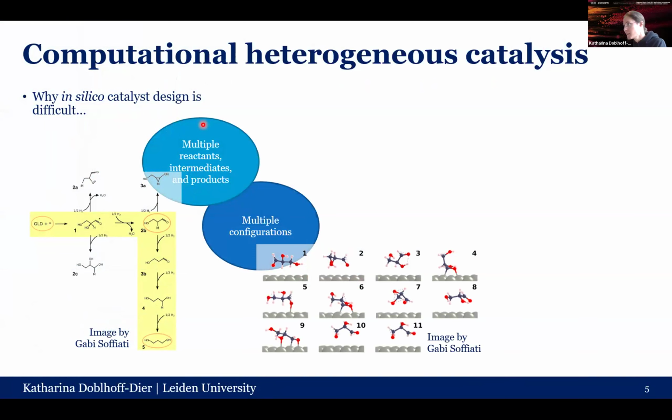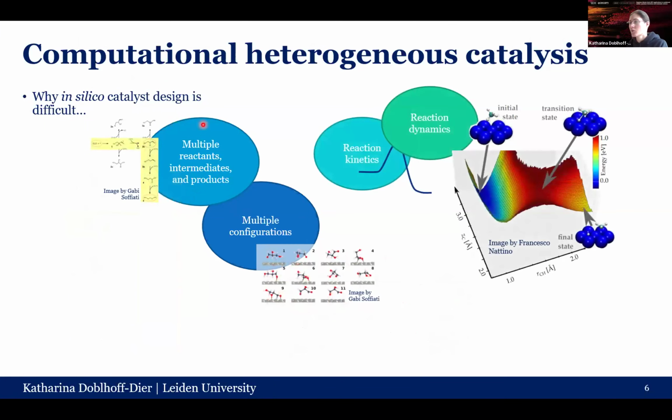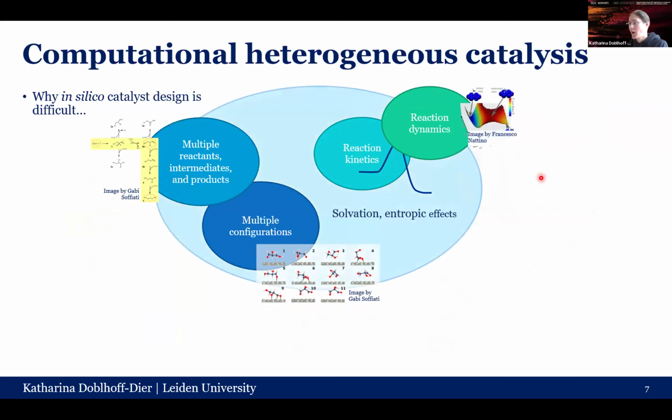Once we have the energetics of our system, we still need to do the reaction kinetics, and sometimes that is not sufficient. We actually need the entire reaction dynamics, in which we describe how our reaction proceeds on the potential profile. To make things worse, in the case of electrochemistry we also have solvation effects, and we'll also have entropic effects.